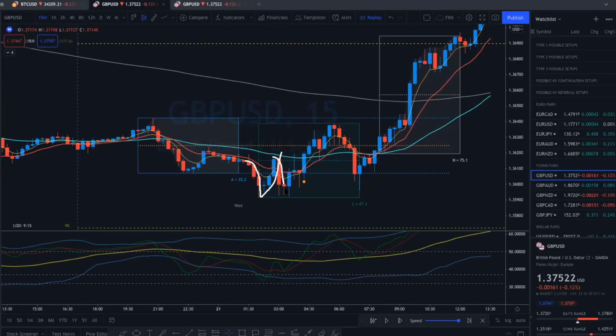Comes up, second leg. Notice how the first and second leg are pretty much the same, right? They're on the same level, basically. But if you look at the TDI, the first leg is here and the second leg is there. So there again, you have divergence.